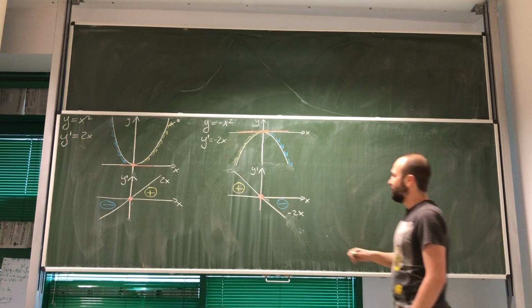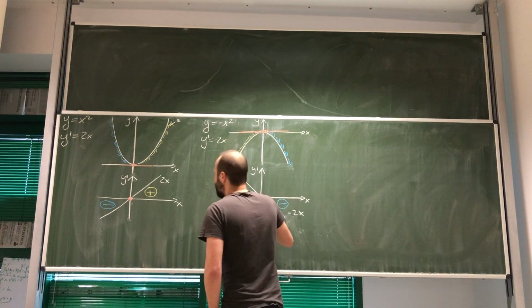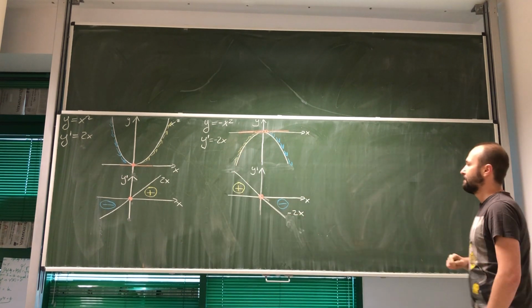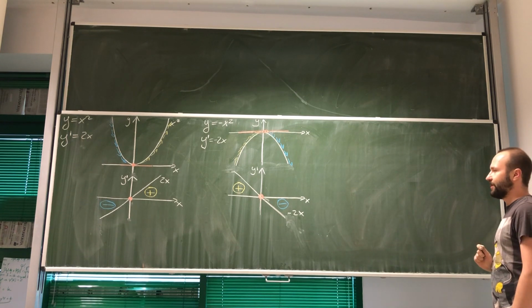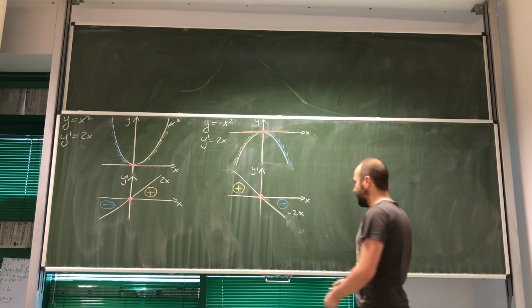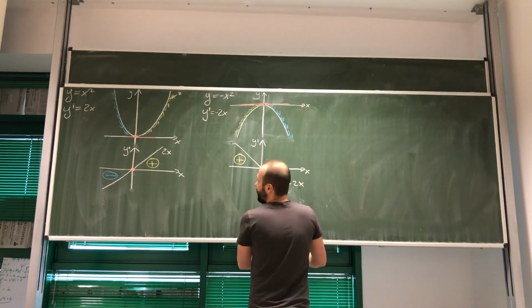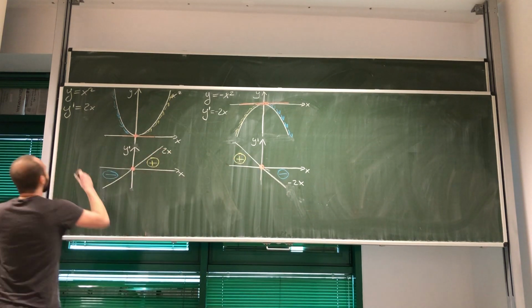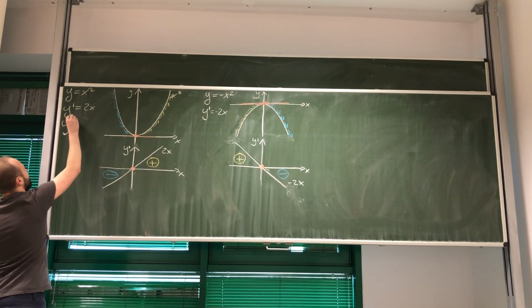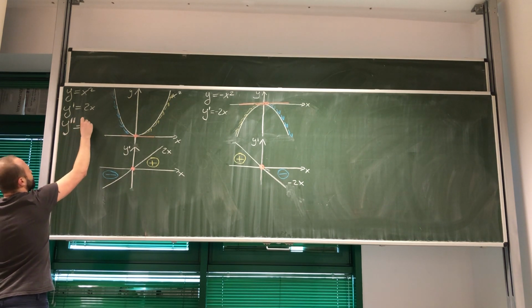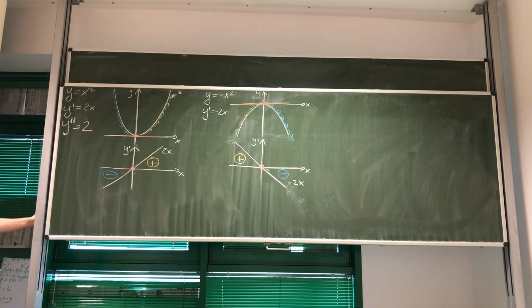So actually what we can do this time is to calculate the derivative of the derivative. And this is what we're going to do here. We're going to calculate the second derivative. Look, in this case, let's denote it by y-double-prime, which is equal to just 2.